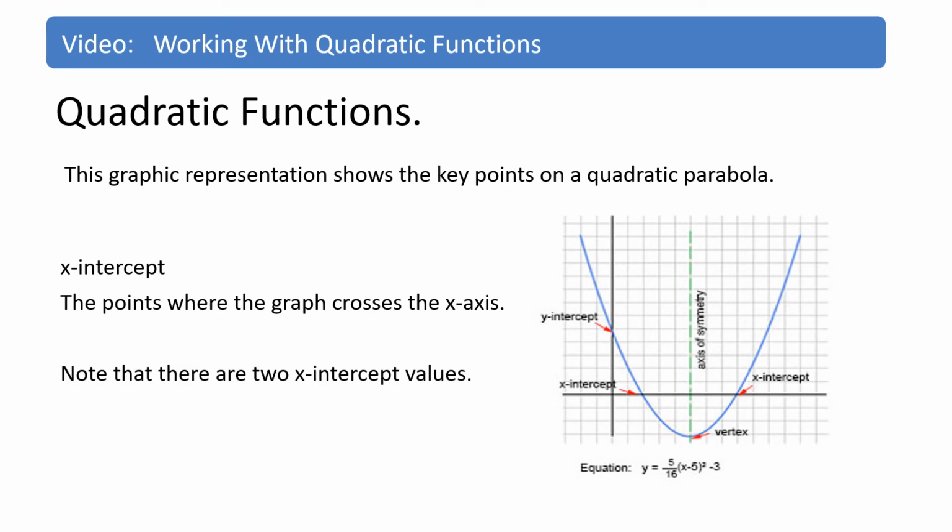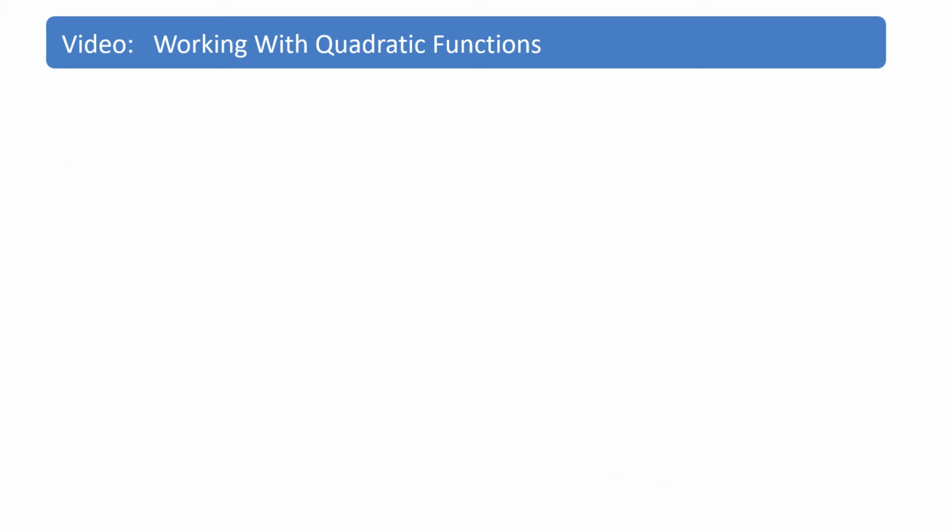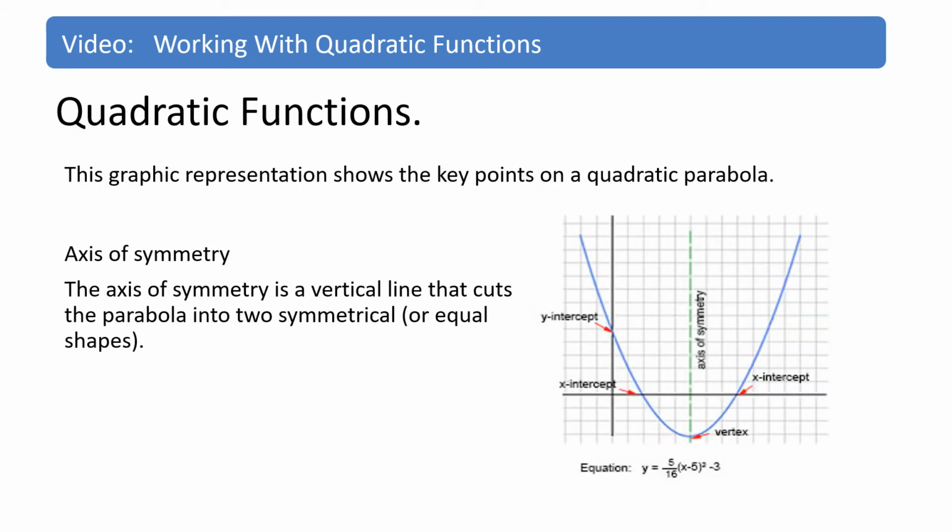The axis of symmetry is the vertical line shown by a dotted green line in our diagram that divides the parabola into 2 symmetrical or equal shapes. This line passes through the vertex.